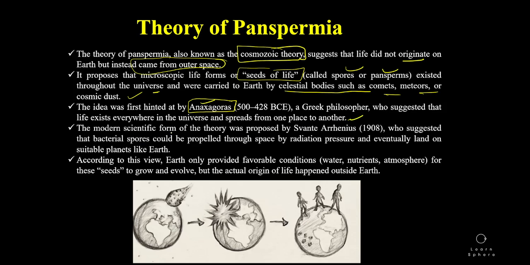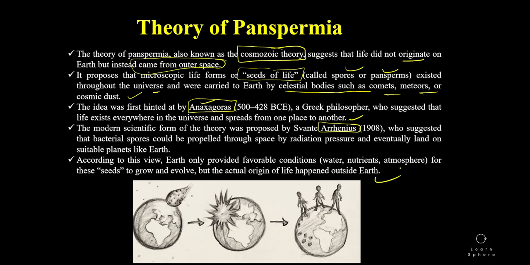Then the modern scientific form of this theory was proposed by Arrhenius in 1908, who suggested that bacterial spores could be propelled through space by radiation pressure and eventually land on a suitable planet like Earth. According to this view, Earth only provided favorable conditions like water, nutrients, and atmosphere for these seeds to grow and evolve, but actually the origin of life happened outside the Earth.